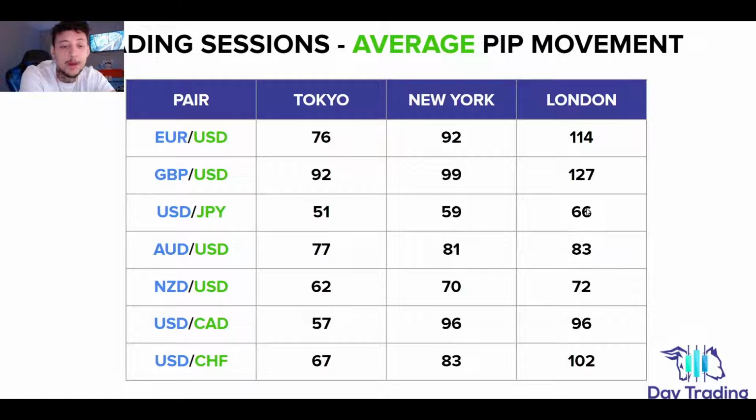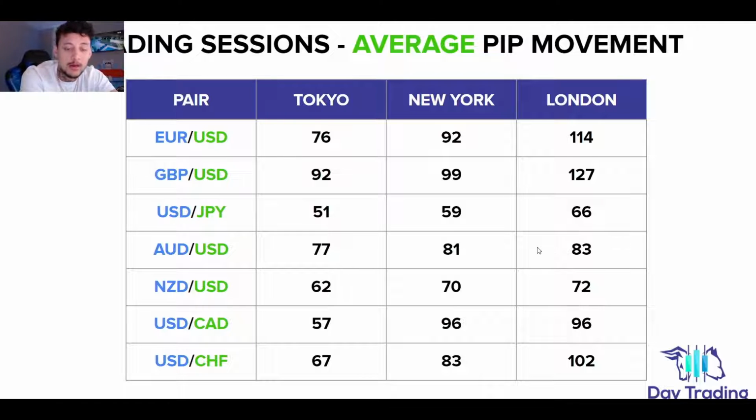If you look at the patterns in this pair, you can see that the biggest moves happen during the London session. And this is why sometimes I prefer to just trade the London session. Now, if we look at AUD/USD during the Tokyo session, it moves on average 77 pips. It moves on average 81 pips during New York and 83 during the London session.